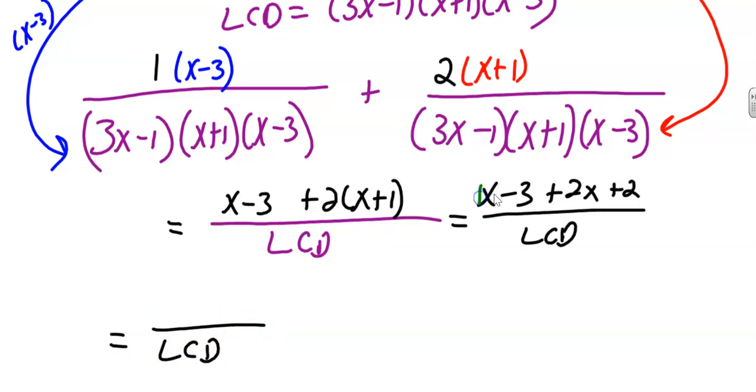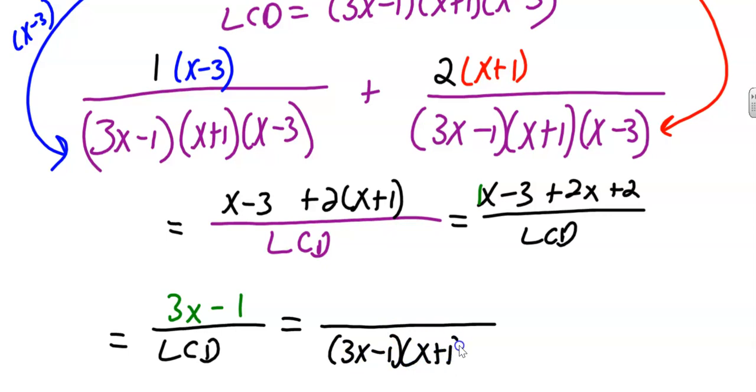But this one, again, you do have a 1 there, so it's 1x plus 2x. That's a 3x. You've got a negative 3 plus 2. That's minus 1. Okay. Done with the top. You've done everything you can do on the top. Now you bring the denominator back in. 3x minus 1, x plus 1, and x minus 3.